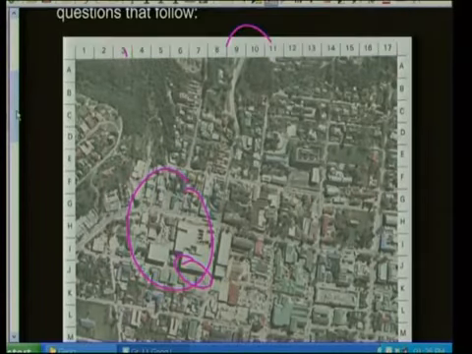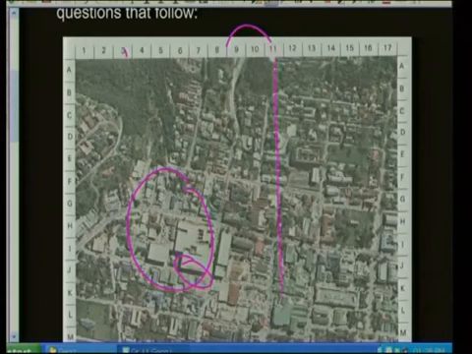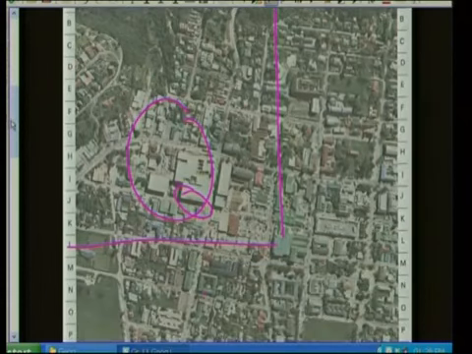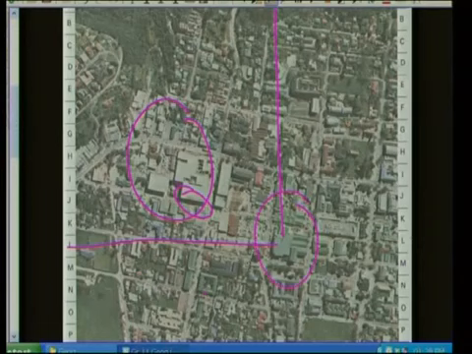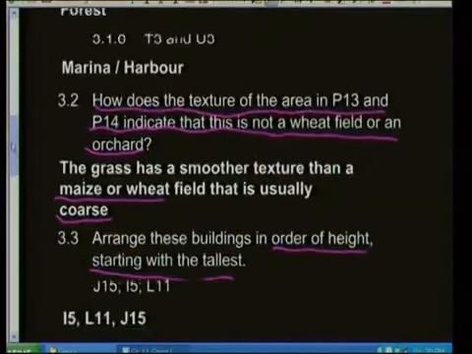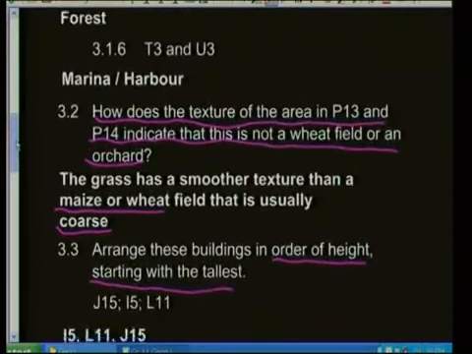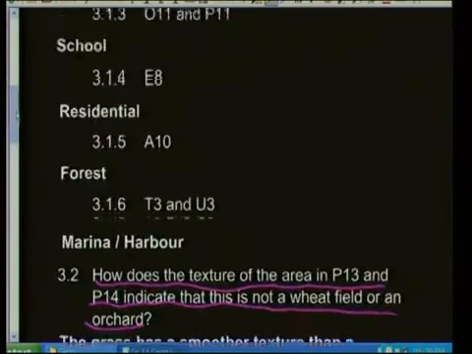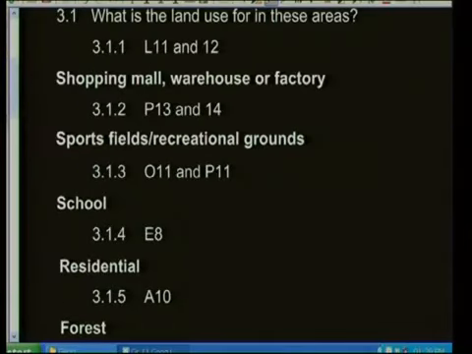Can you see that, guys? When you look at L11, you don't see the large shadows there. Therefore, it looks smaller in height, because it's all taken at the same time. It's one photograph. And I think the last one was J15. Let's go back to J15.